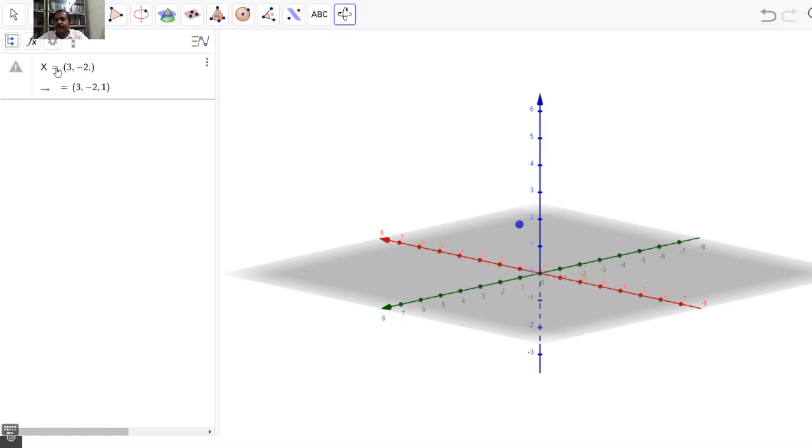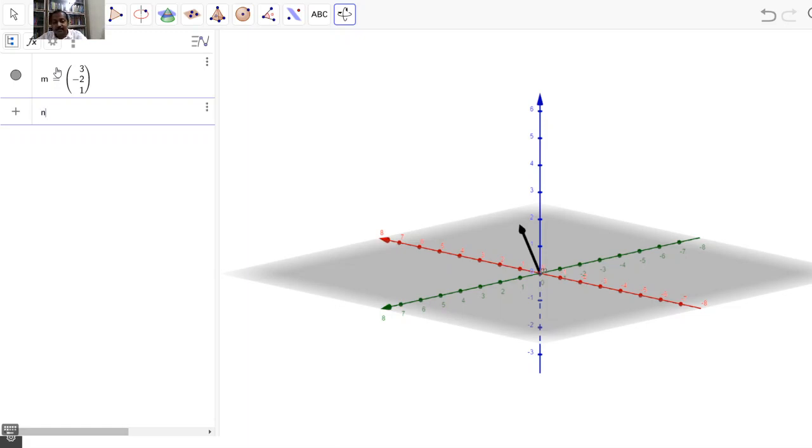So you have to define it. First of all, you define m to be 3 comma minus 2 comma 1. So that is the position vector of the initial point, and you consider the vector 2 minus 1 3.